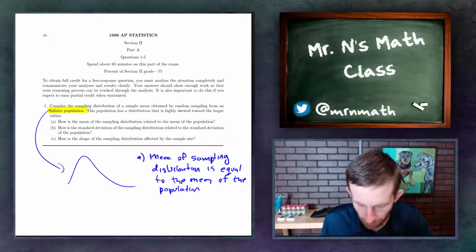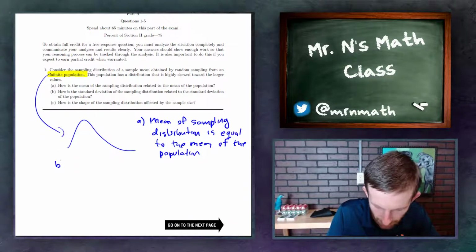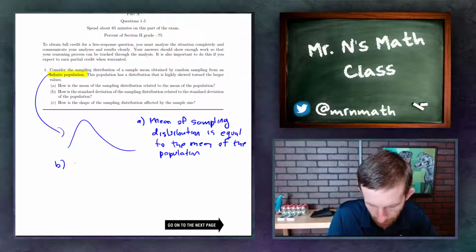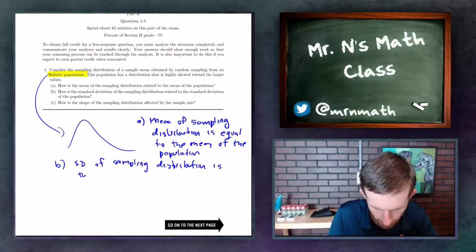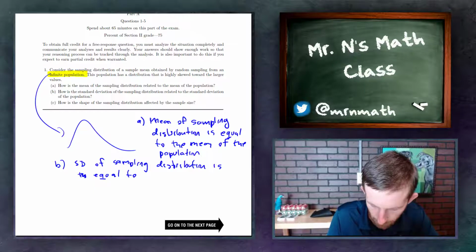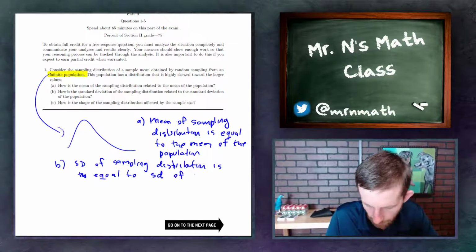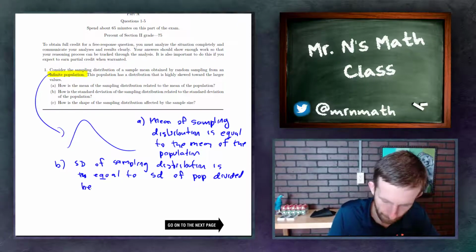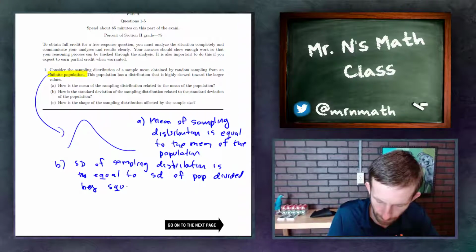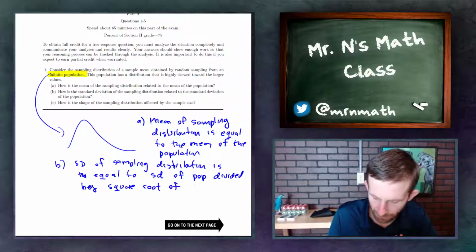How is the standard deviation of the sampling distribution related to the standard deviation of the population? The standard deviation of the sampling distribution is equal to the standard deviation of the population divided by the square root of the sample size.